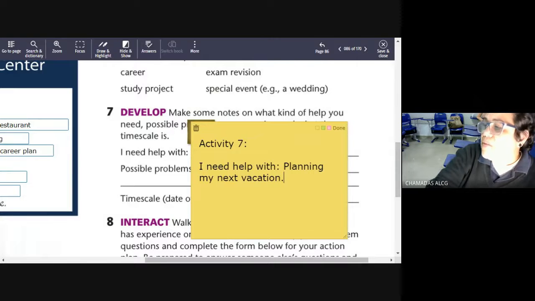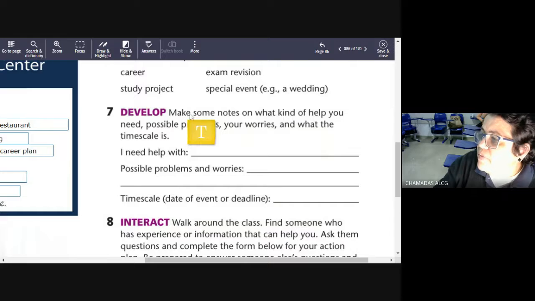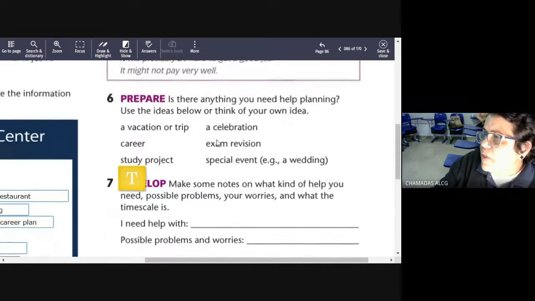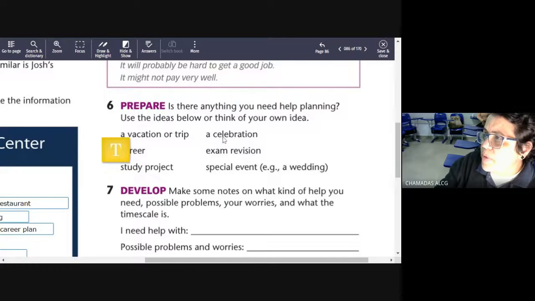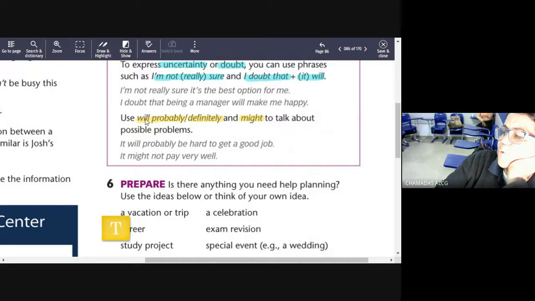What are the possible problems? What can happen? Possible problems and worries. Here we have some examples to help us. Look, we use will probably or will definitely or might to talk about possible problems.